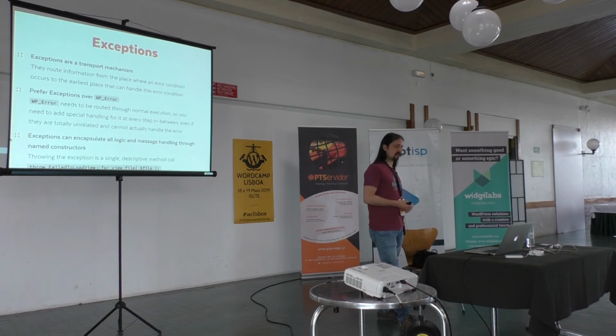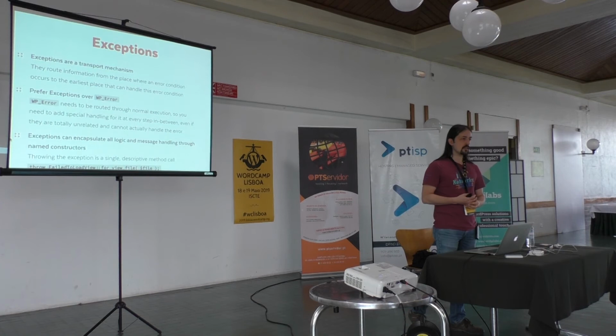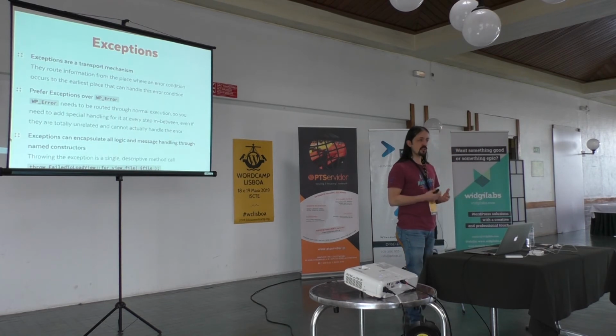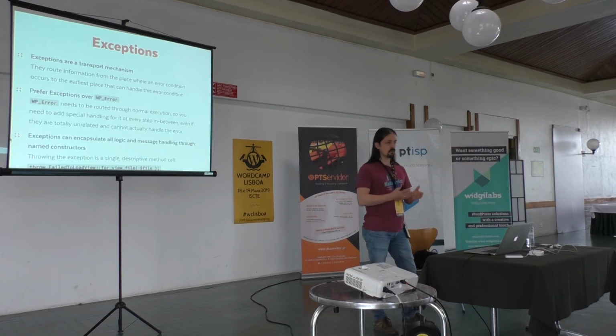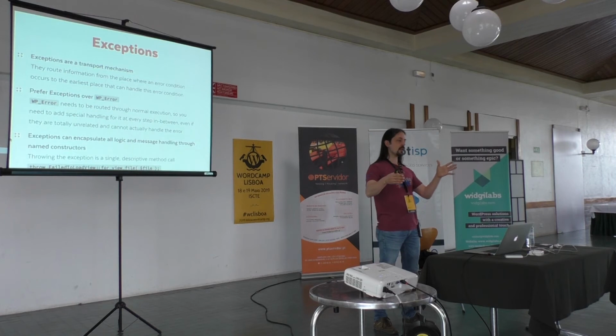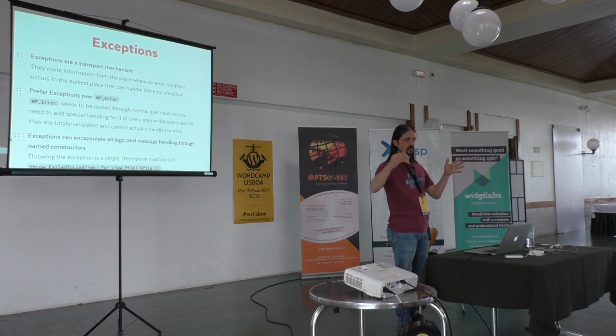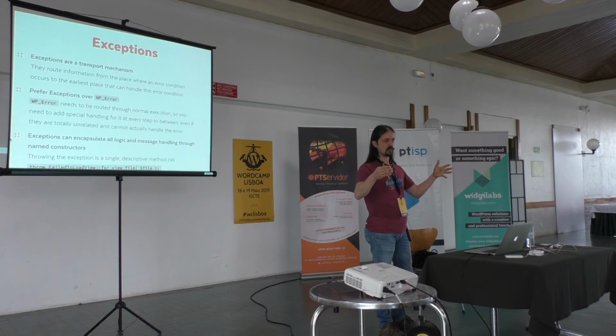So exceptions are the object-oriented approach of dealing with this, and they actually consider them a transport mechanism. So in our same example with these 10 function calls, if function 1 has an error condition, it throws an exception object. And it throws means that it will break every function until it encounters one that actually catches the exception it created.